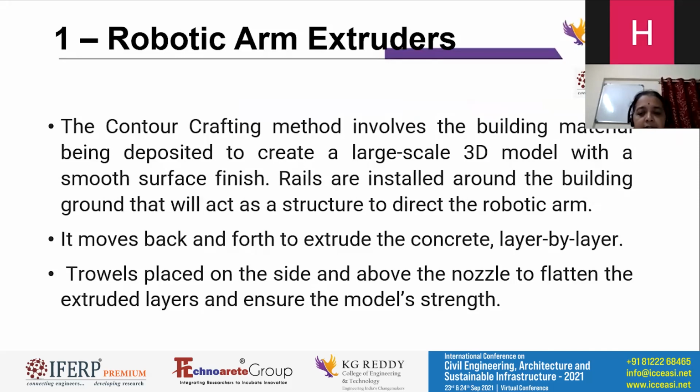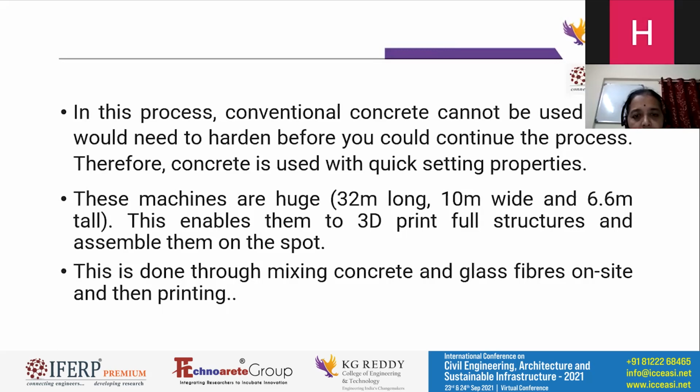Rails are installed around the building ground that act as a structure to direct the robotic arm. It moves back and forth to extrude the concrete layer by layer. Again, trowels are placed on the side and above the nozzle to flatten the extruded layers and ensure the model's strength. So this is one type of robotic arm.